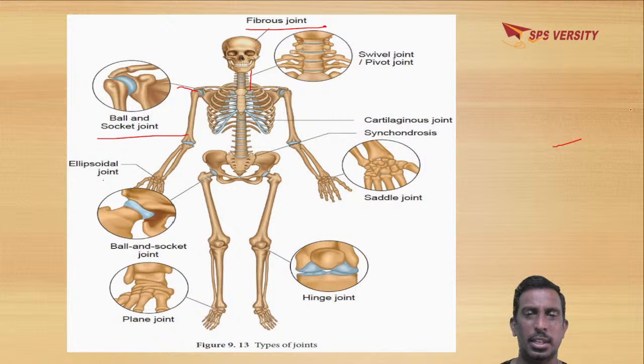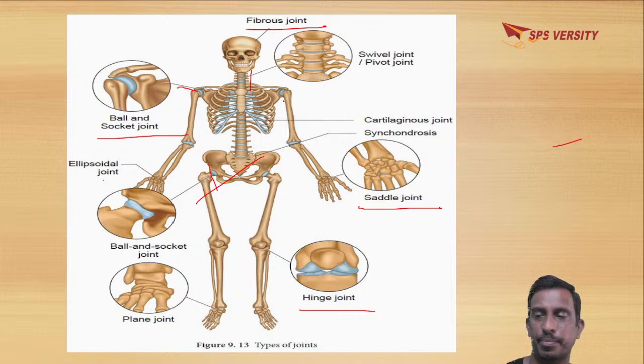There is a saddle joint in the thumbs of the limbs. The knee joint is a hinge joint, and the joint between the femur and pelvic girdle is a ball and socket joint. So these are the different types of joints present in the human body, which play an important role in movement.